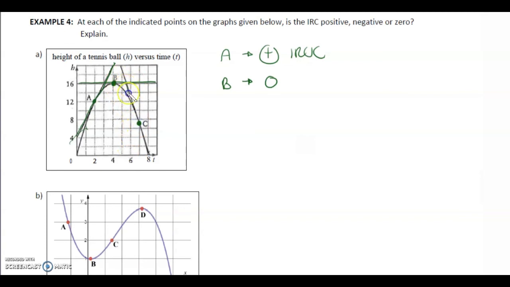And then C, this is definitely negative. If you're wondering where we get that from, just think of slope, right? Slope going up to the right is positive, and slope going down to the right is negative. And we always read our graphs left to right, so we always read toward the right direction.